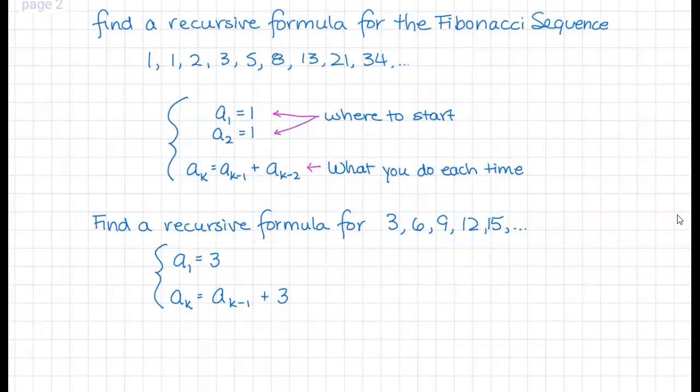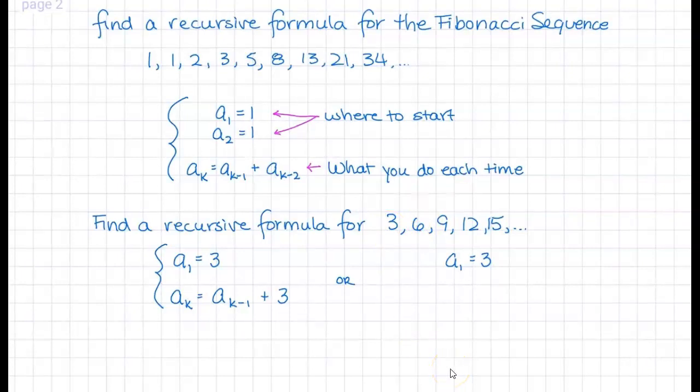Now I also want to show you there's a slightly different way that sometimes you'll see it, and really it doesn't matter. You just have to know how to read each way. You're still going to have those two parts. You're still going to say where you want to start and then what you do each time. So we still have to say we're starting with 3. The first term is 3. But then another way of saying, rather than saying each term is the previous term plus 3, you could say to find the next term, you take the term plus 3.